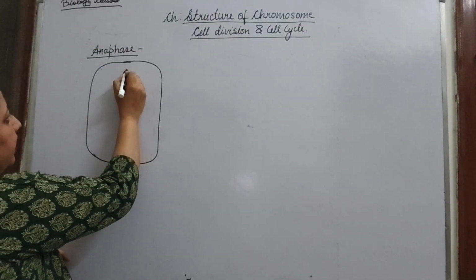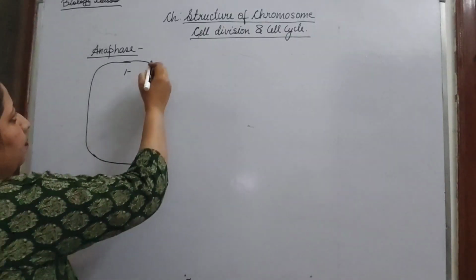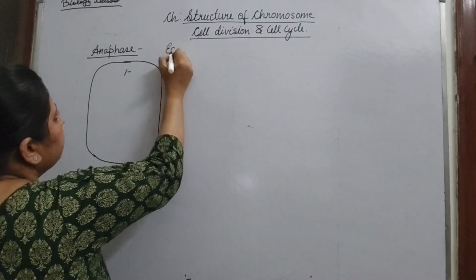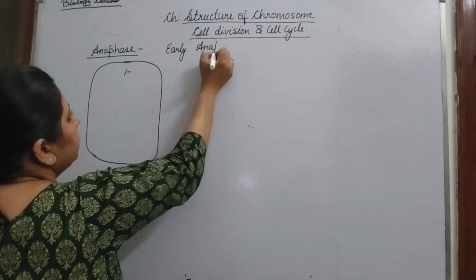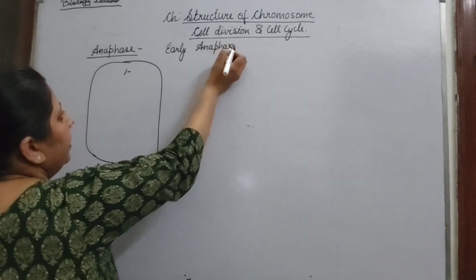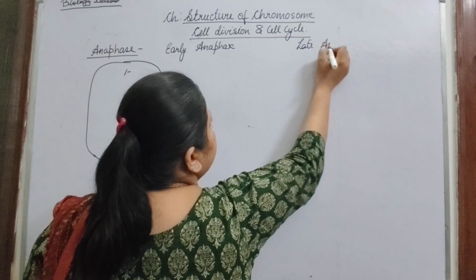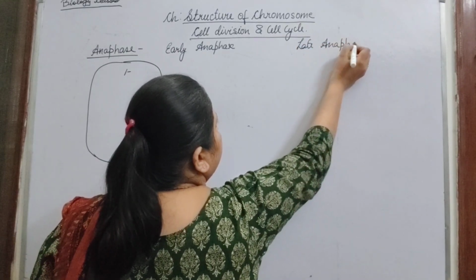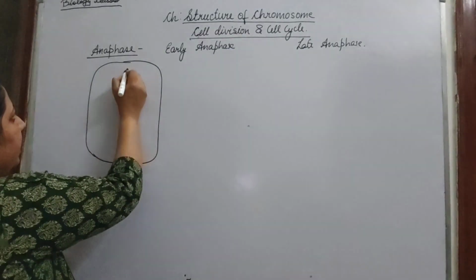Now, this anaphase we will also discuss in two parts, that is the early anaphase and the late anaphase. So in the early anaphase, what kind of changes have we seen?